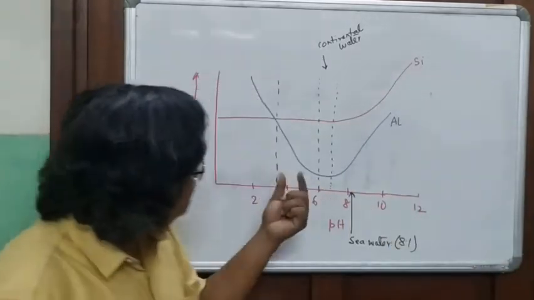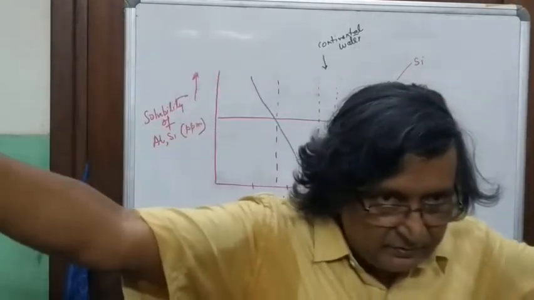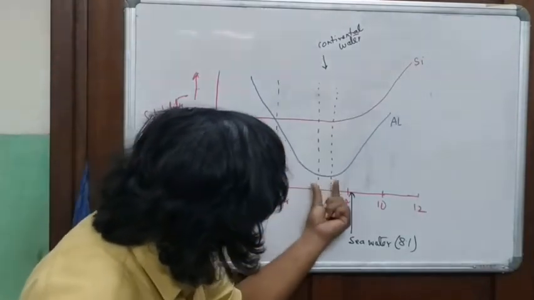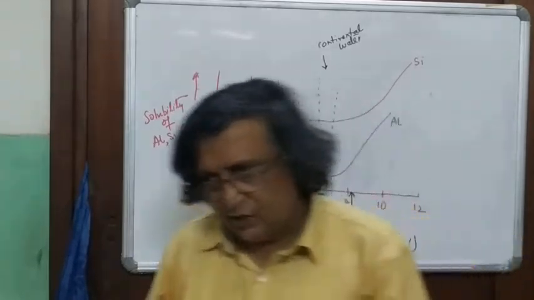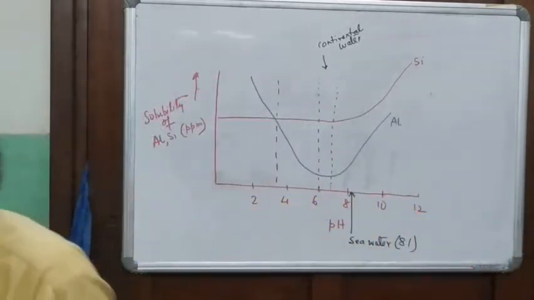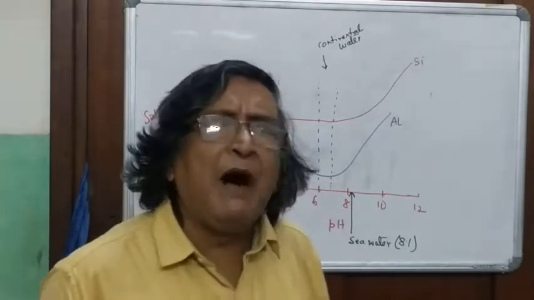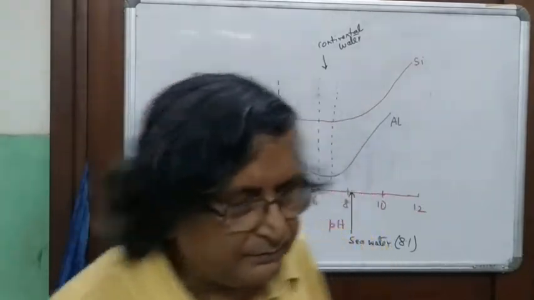At the range of most continental waters, which are open to air, the aluminium solubility is much lower compared to silica solubility. So aluminium is the relatively immobile element, much more immobile compared to silicon.